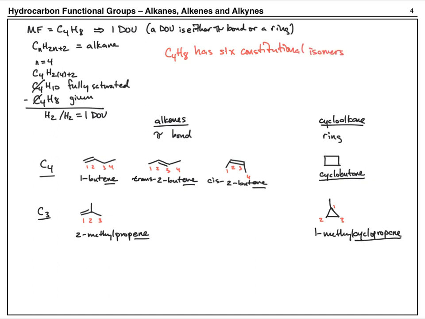So we differentiated them according to their names, obviously, but what about the unique type of carbon? So 1-butene has 4 unique types of carbon.